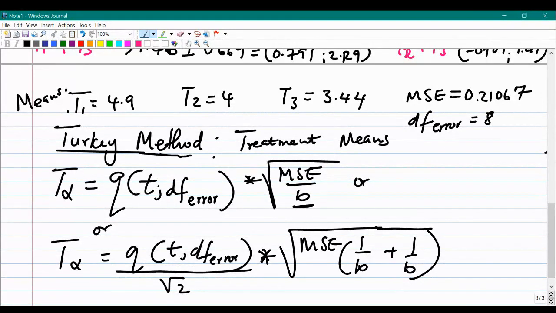The comparison is still the same. For the previous part, the LSD, what was the value of alpha? The value of alpha. 5%.